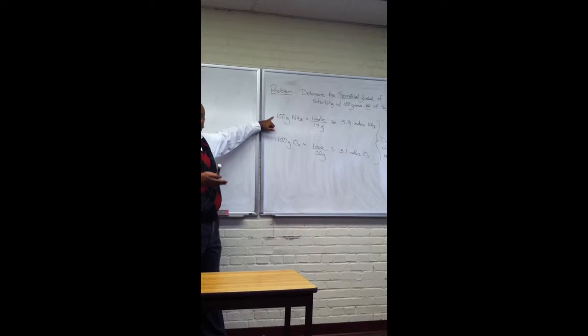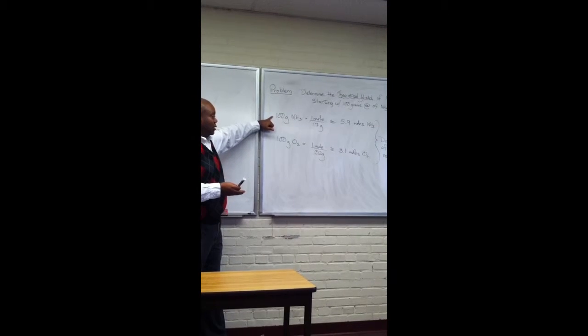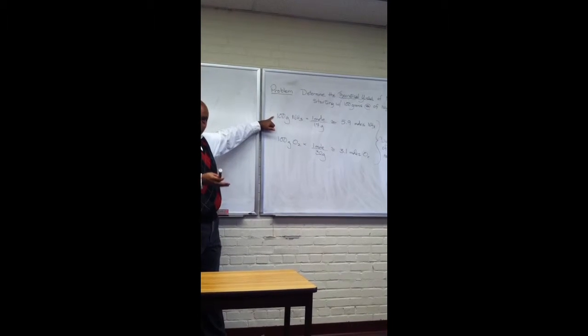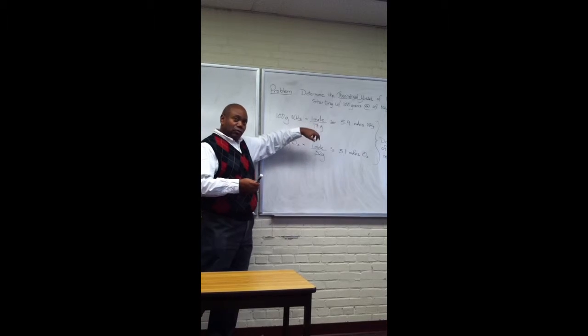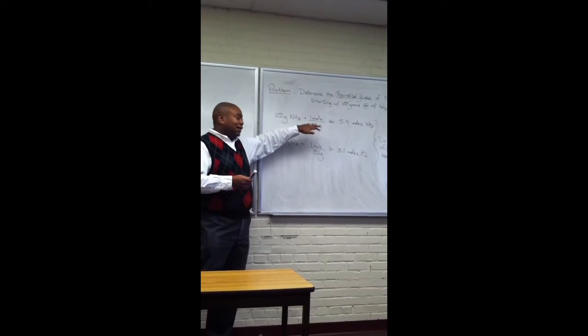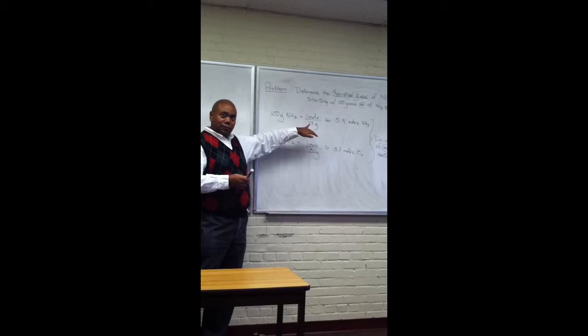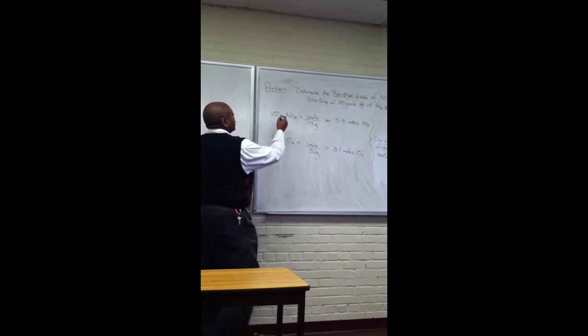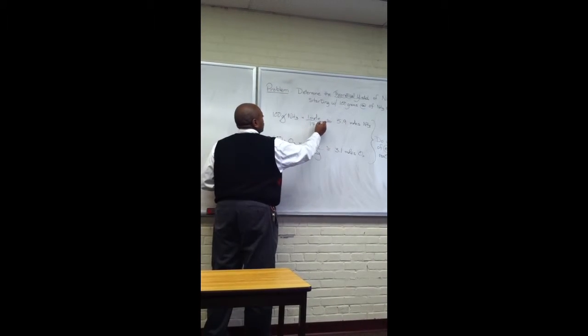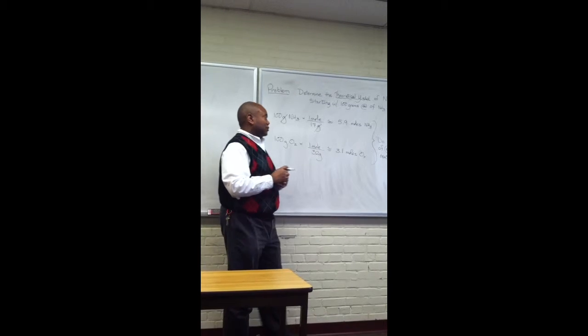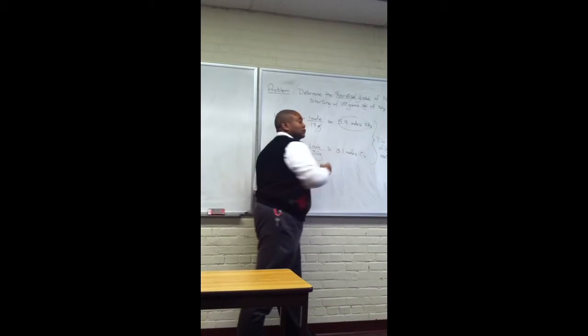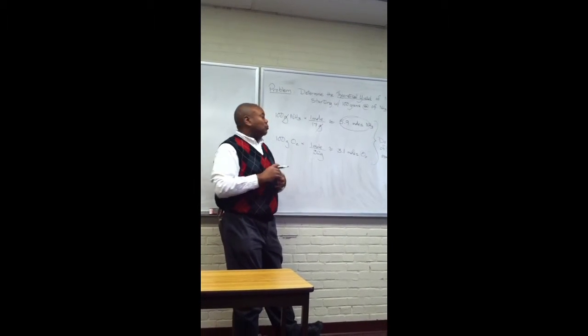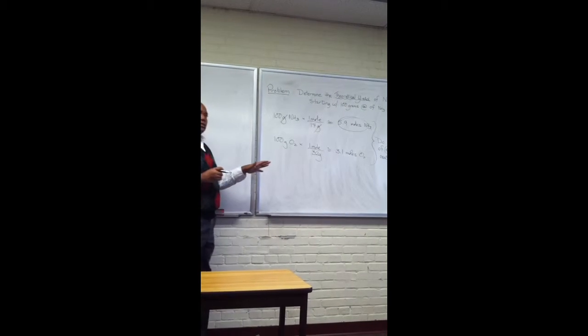From the periodic table, I can determine the molar mass of ammonia, which is approximately 17 grams per mole. Divide by the molar mass, and you will see grams cancel with grams, and your final answer will be in moles. We do the same thing for molecular oxygen.